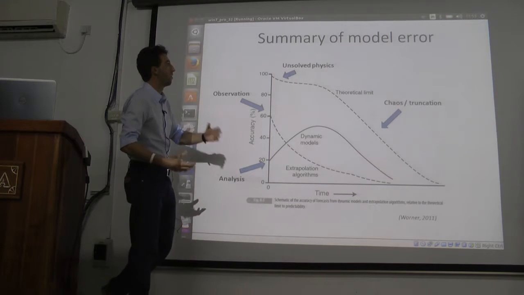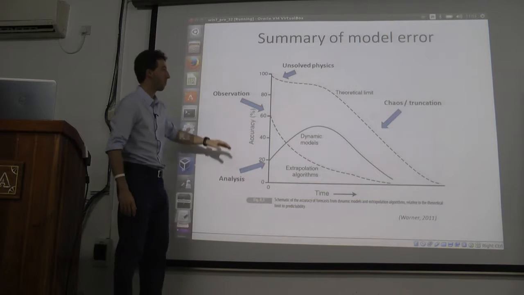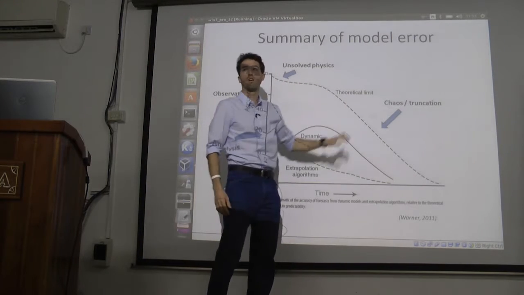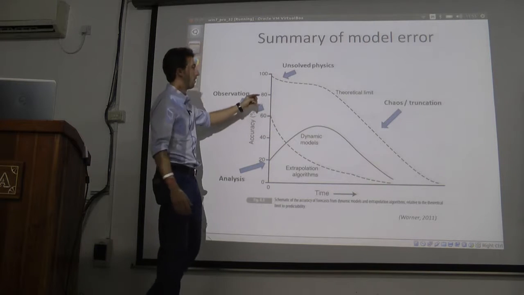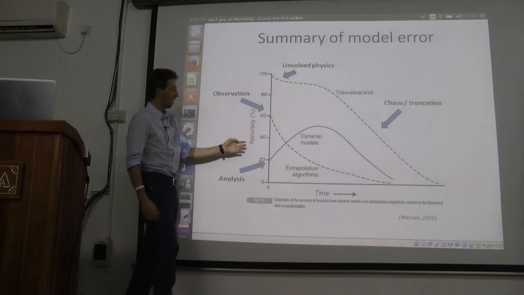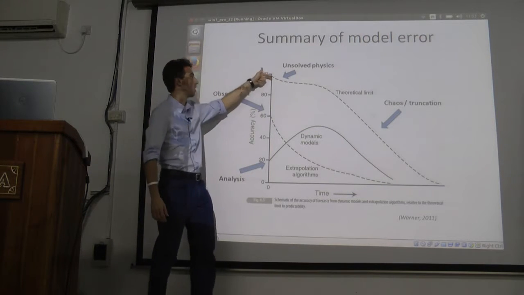So making a summary, this figure is also in the Warner book. We can think about a theoretical limit of the perfect weather forecast. The perfect model will not be 100% accuracy during the time. It will decrease.